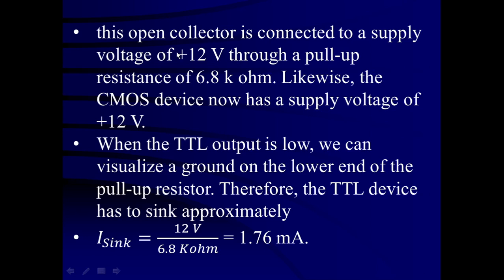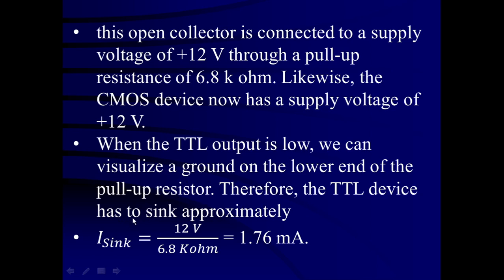This open collector is connected to a supply voltage of plus 12 volt through a pull-up resistance of 6.8 kilo ohms. Likewise, the CMOS device now has a supply voltage of plus 12 volt. So the CMOS device can operate at a higher voltage, plus 12 volt or any other voltage. When the TTL output is low, we can visualize a ground on the lower end of the pull-up resistor.